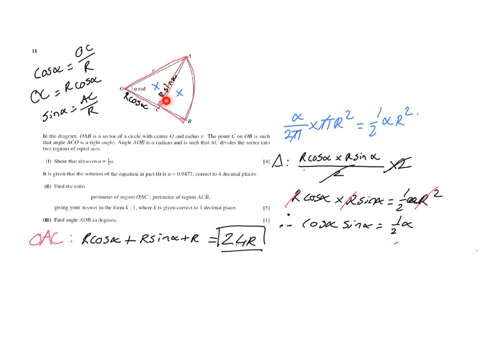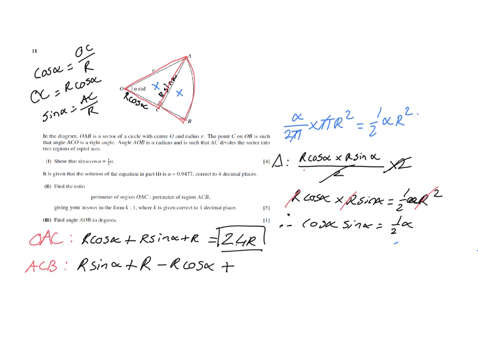I'm going to do a similar thing for ACB. So what is it for ACB? Let me put it there. ACB. There we go. So the perimeter is going to be r sine of alpha plus the radius, r, take away r cosine of alpha, plus, yeah, so those are two parts.